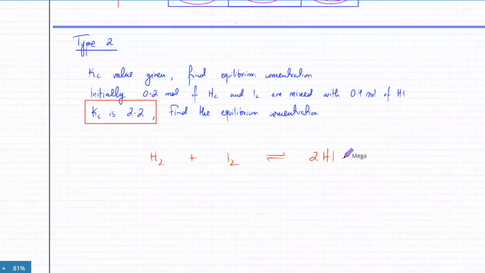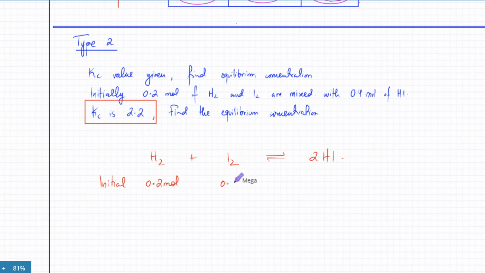Now, you have your initial moles. The initial moles are 0.2 moles of H2, and you have 0.2 moles of I2 as well, and you have 0.4 moles of HI.